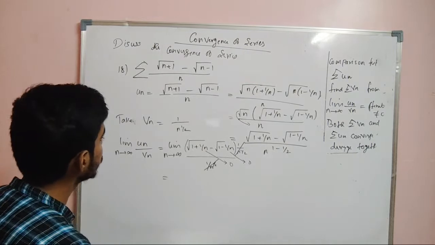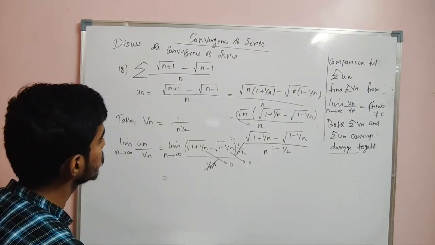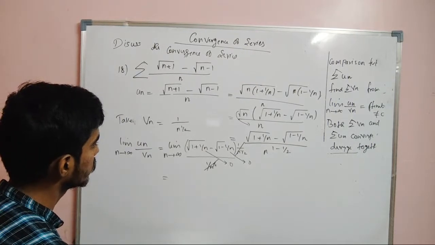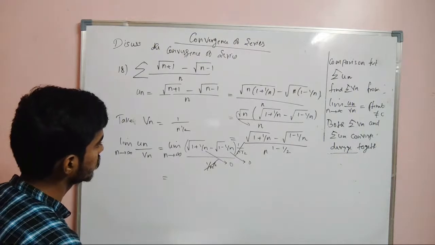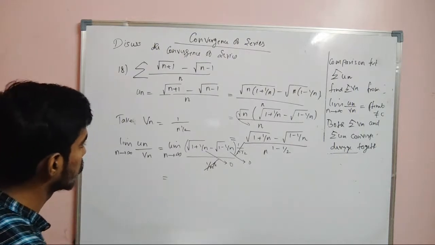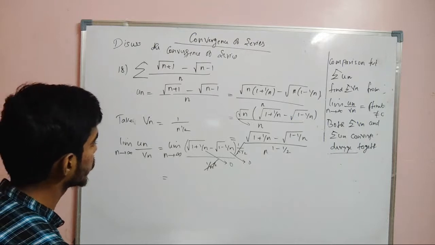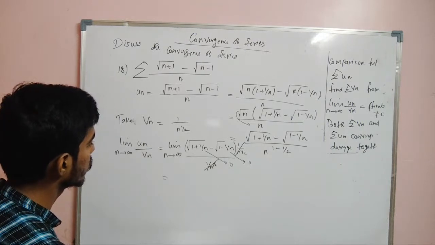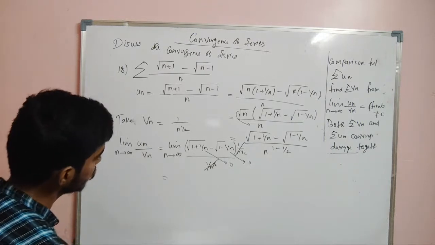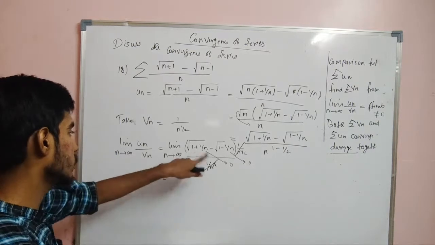Now the limit as n tends to infinity of Un by Vn. As n tends to infinity, this tends to 1, this tends to 1.